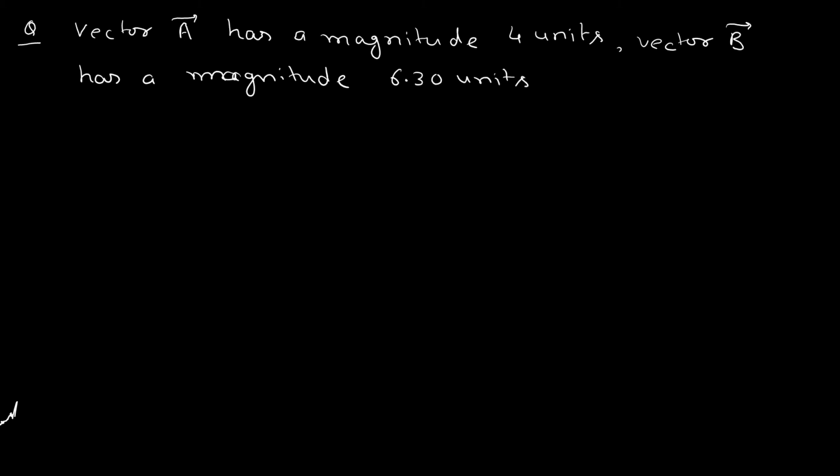The angle between vector A and vector B is given to us, and this is, for example, 60 degrees.